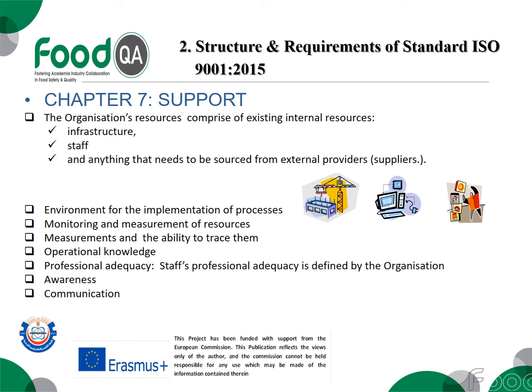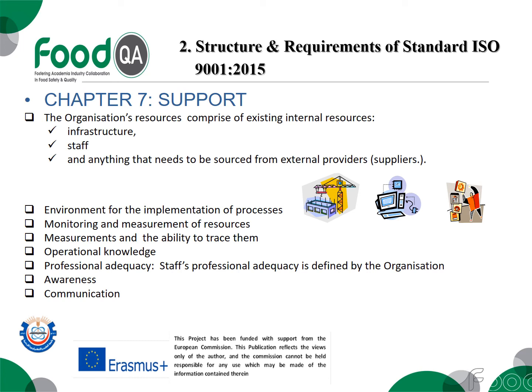Of course, many organizations require external providers, for example, for parts of their industry. They probably need experts or trainers to provide or supply them with their required needs. So those are requirements for support.